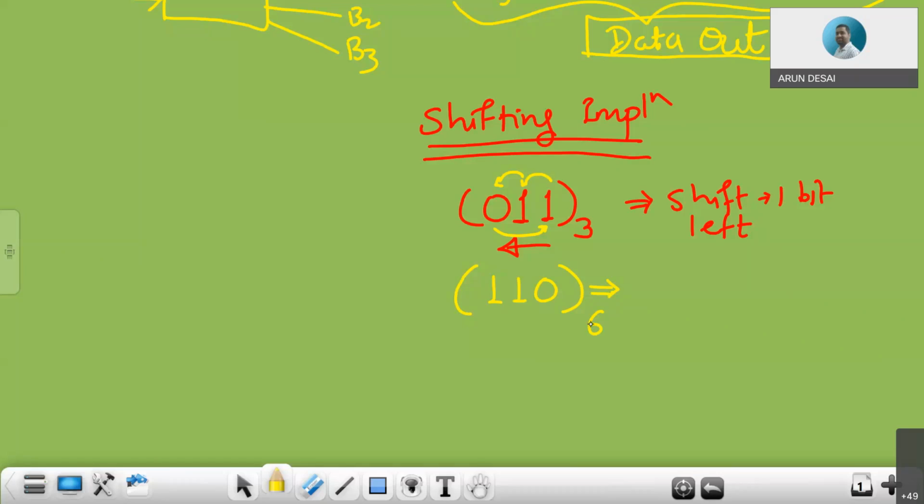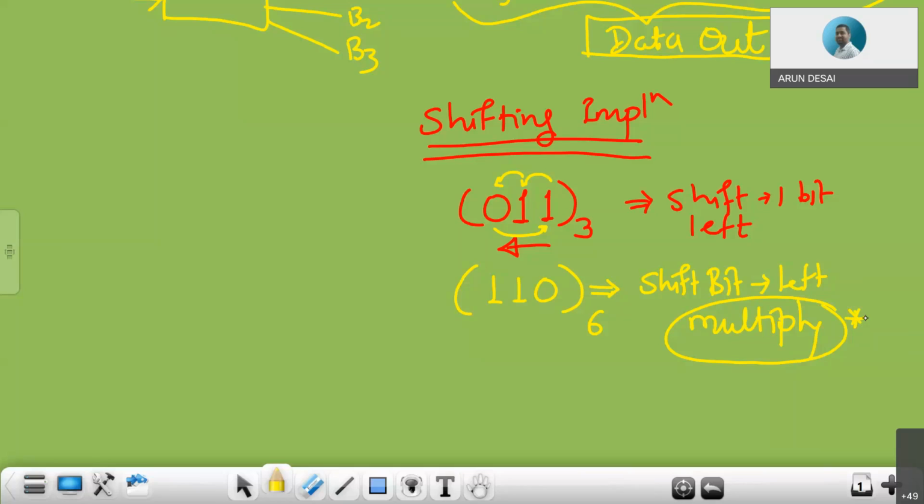So just by shifting bits to left, we can multiply whatever we have in that by 2, right? So just by shifting those bits, we can achieve a multiplication operation, right?